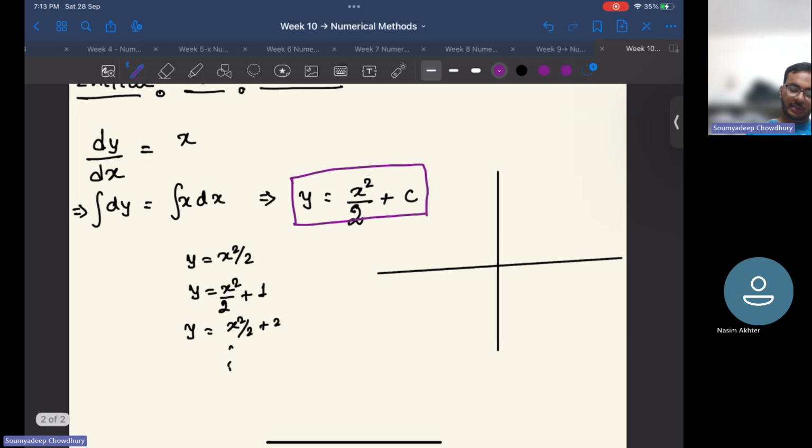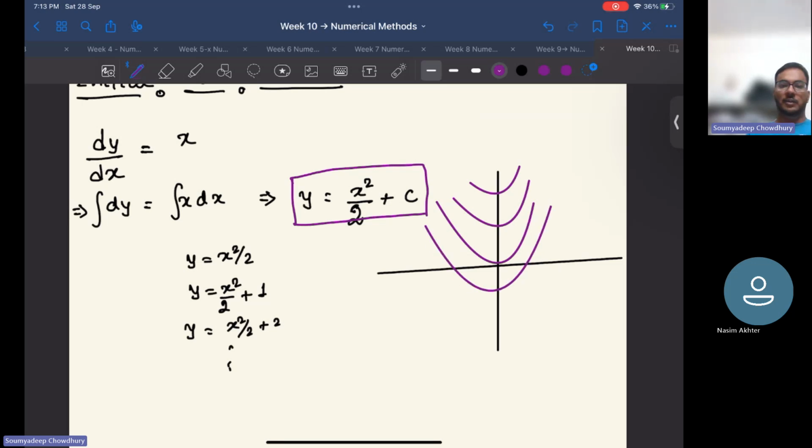So it will be like this. One parabola can be like this. Another parabola can be like this. Another parabola like this. There can be an infinite number of parabolas, right? It can be like this also.